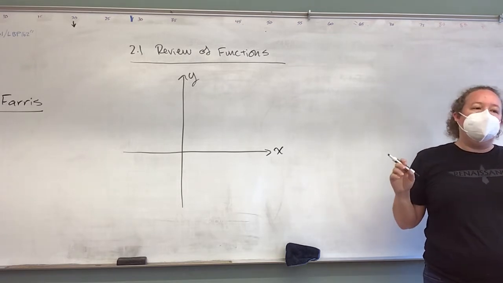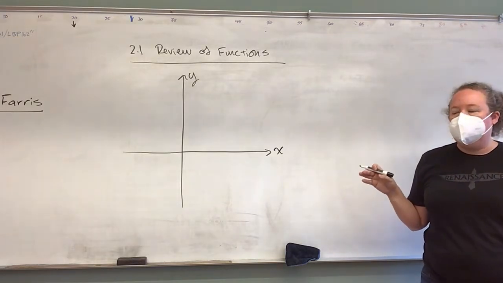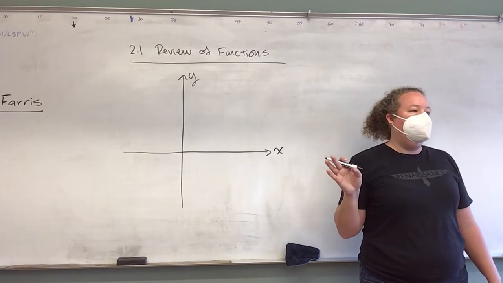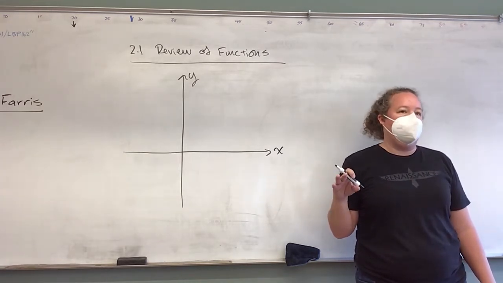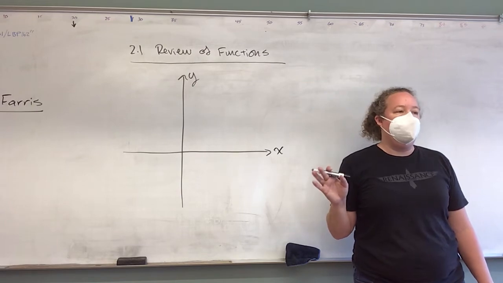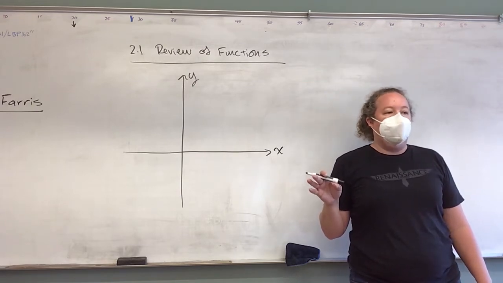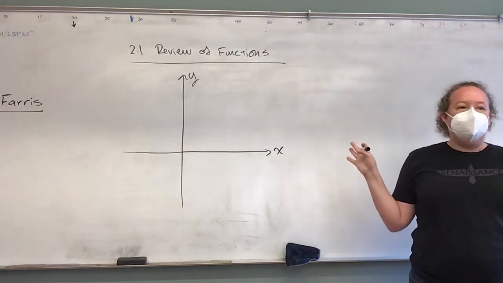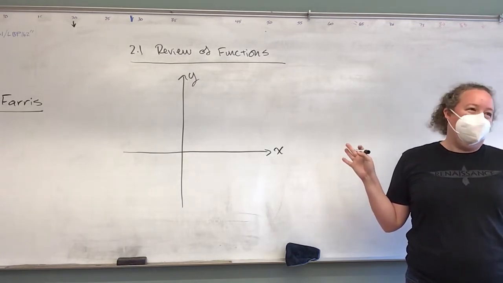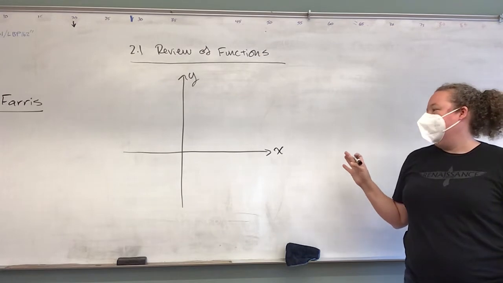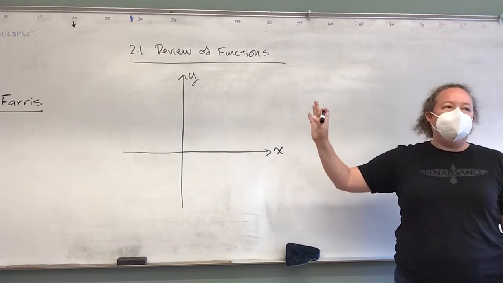Now, just like we talked about with the number line, it was not arbitrary which direction was positive and which direction was negative. Is it arbitrary on the Cartesian plane? Can we decide? No, we can't. It is fixed. The x-axis is just like the number line.